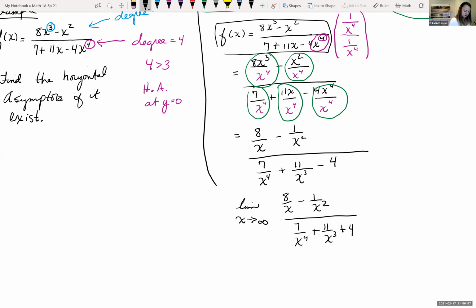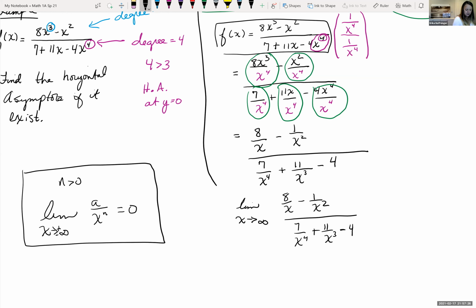Oops, that's a minus 4. And we use that fact that we just said, if we have a limit, we have some number over x raised to the nth power, and that x value is going to infinity or negative infinity, and n was a positive exponent down here, we said that this goes to 0. So we're going to use this fact, our rules and laws of limits.